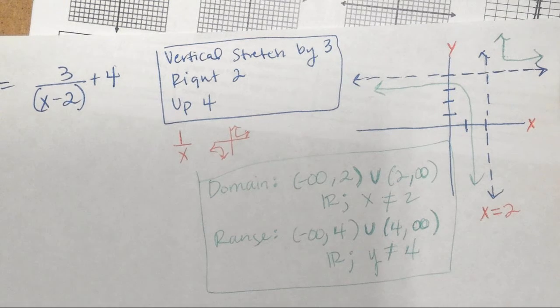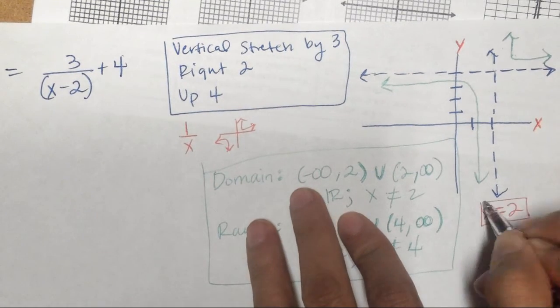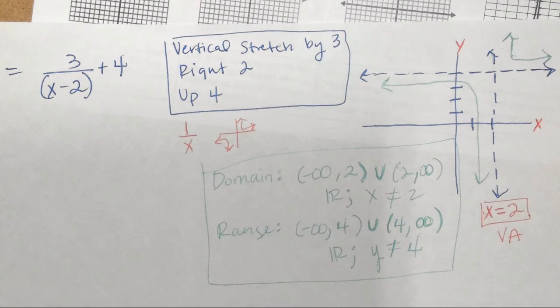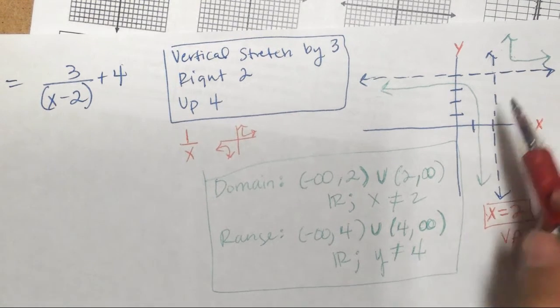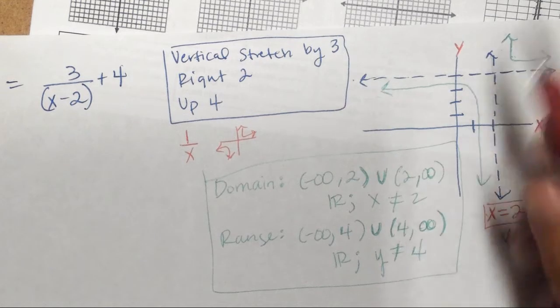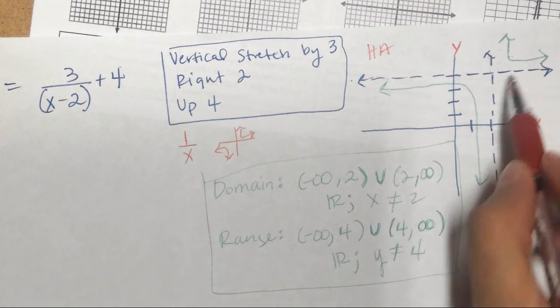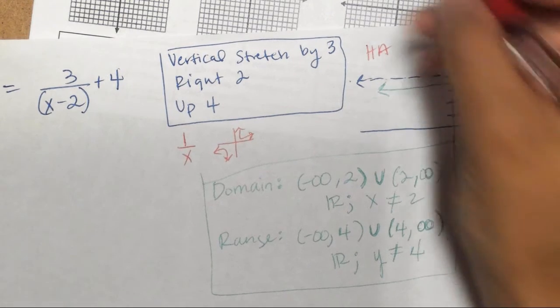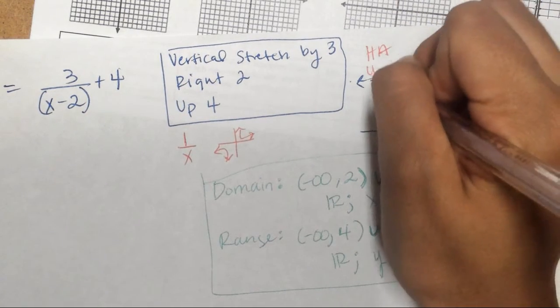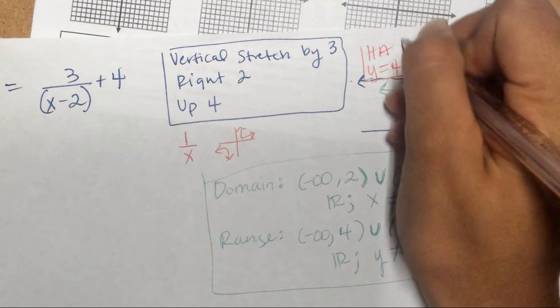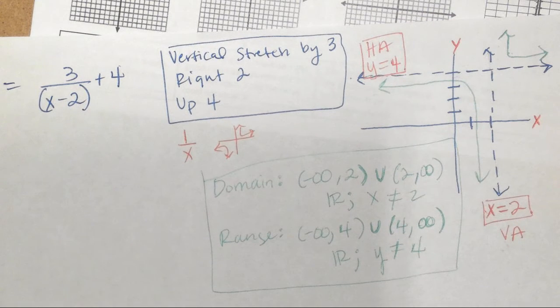It crosses at x equals 2. So this is my vertical asymptote, or my VA. Here, this asymptote, remember, is our horizontal asymptote, so it's our HA, and it's crossing at 4. So it's crossing the y-axis at 4, right? It's where it crosses, and that's the equation there.